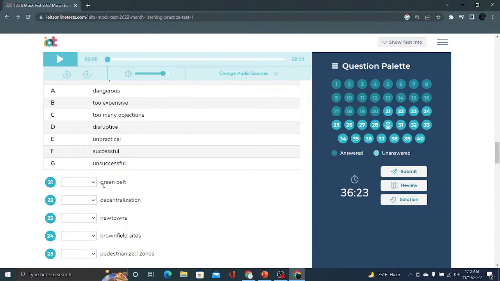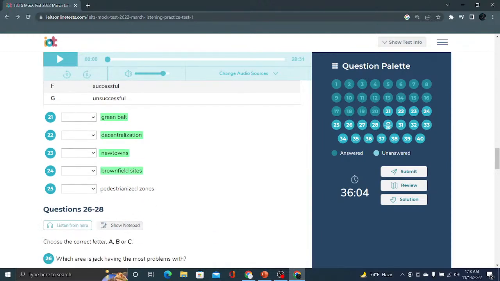And the keywords: green belt, decentralization, new towns, brownfield sites, pedestrianized zone.